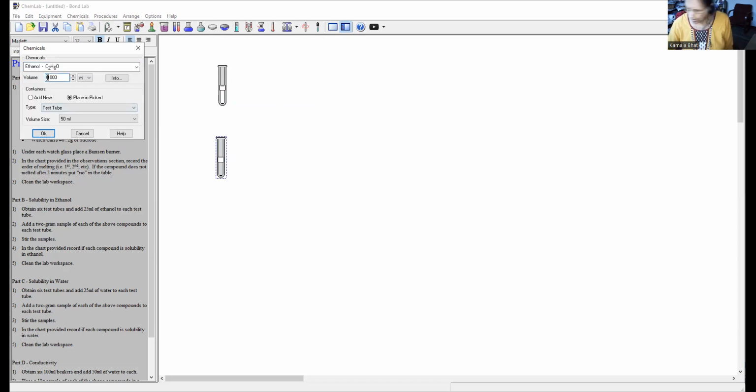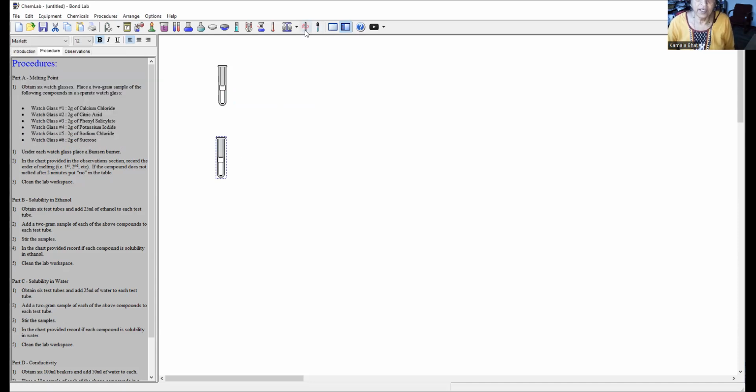So you add 25 mLs of ethanol. Then take a stirring rod, put it in the first flask, and stir it, and see what happens. Once the stirring stops, you go get another stirring rod and do the same in the alcohol.